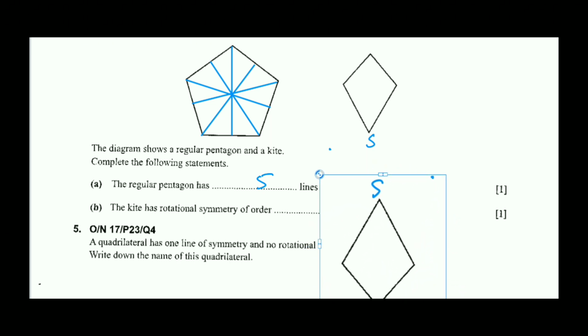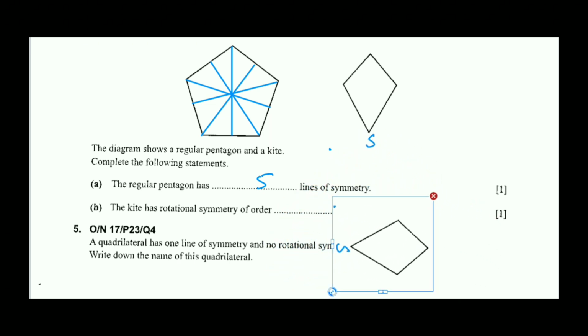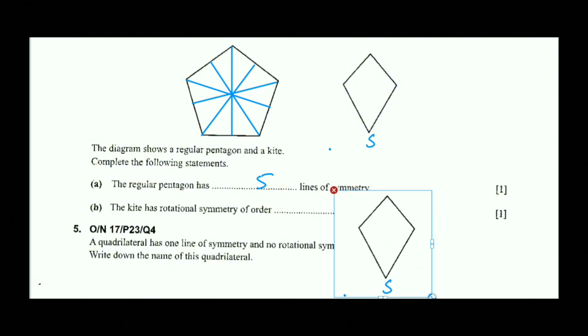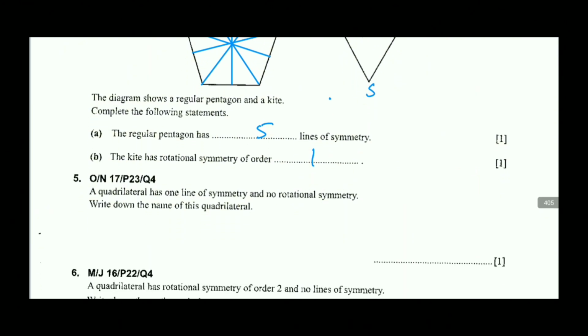This is not the exact shape. This is not the exact shape. This is the exact shape at the last. So it means its rotational symmetry is 1. So you can write 1. As I told you, order 1 and 0 rotational symmetry is the same. So you can write 1 or 0. Both will be correct.